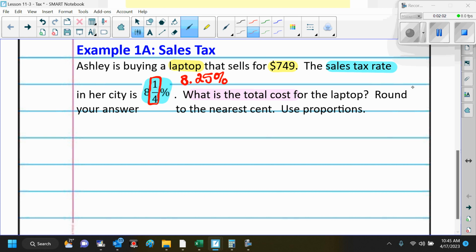So the first thing we want to do, I want to write down a formula. So we want to find the tax, right? So sales tax is equal to, let me erase that and say tax is equal to the selling price times the tax rate.